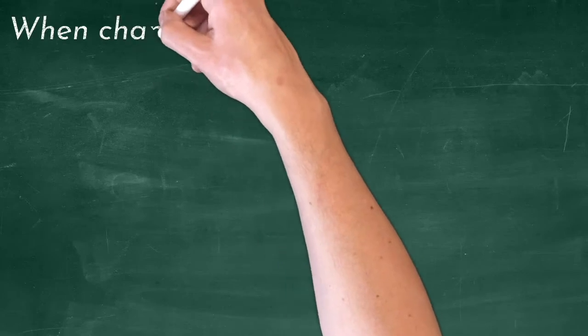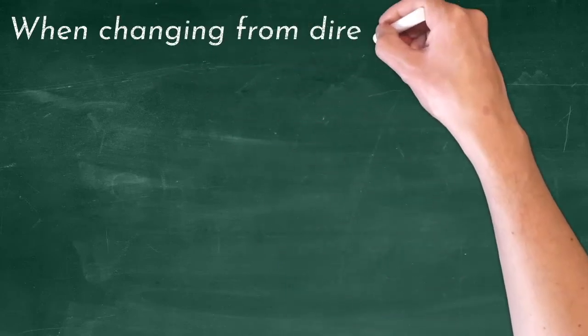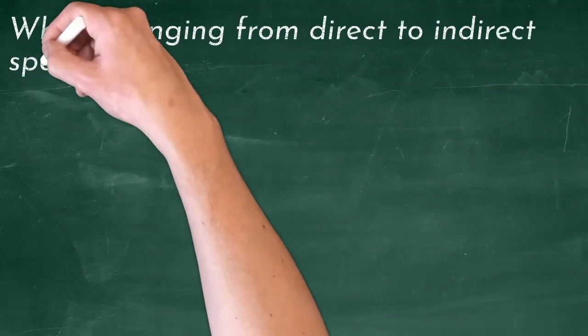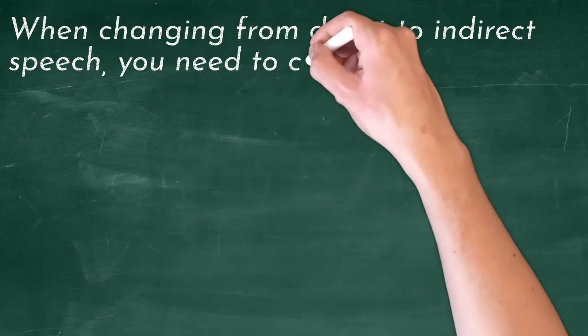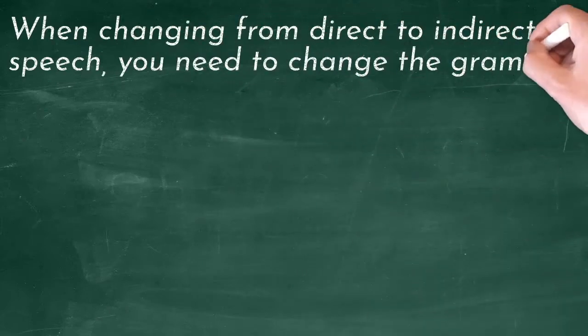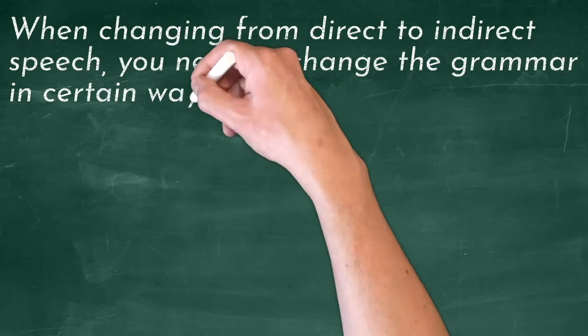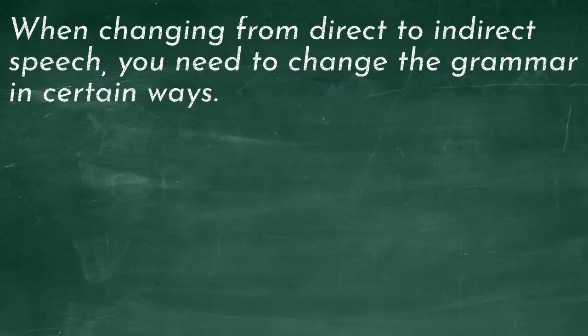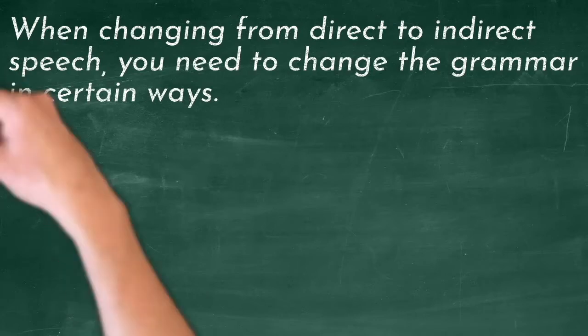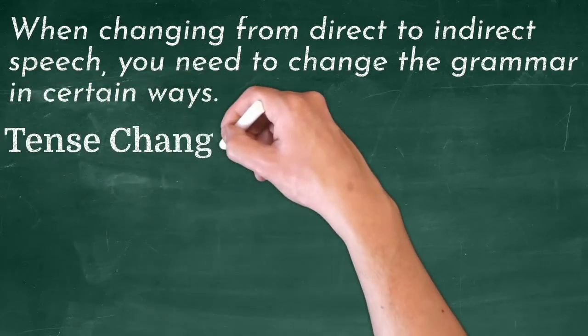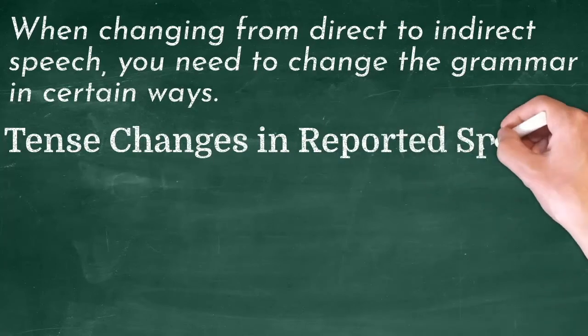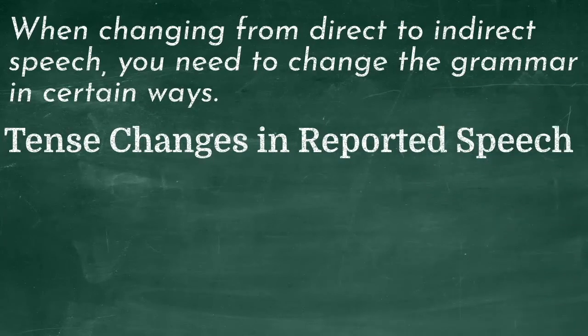Reported speech rules. When changing from direct to indirect speech, you need to change the grammar in certain ways. Now, let's pay a little attention to direct and indirect speech and how they are used.